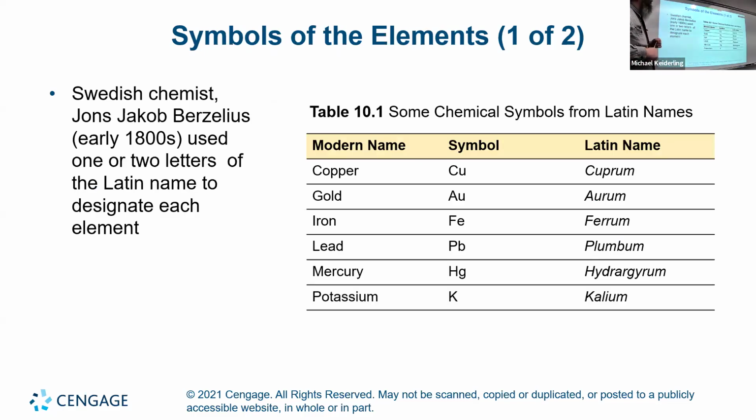This is why certain elements have weird symbols to English speakers. So copper is Cu because the Latin name is cuprum. Gold is Au because the Latin name is aurum. Iron is Fe because the Latin name is ferrum. Lead is Pb because the Latin name is plumbum. Mercury is Hg because the Latin name is hydrargyrum. Potassium is K because the Latin name is kalium.